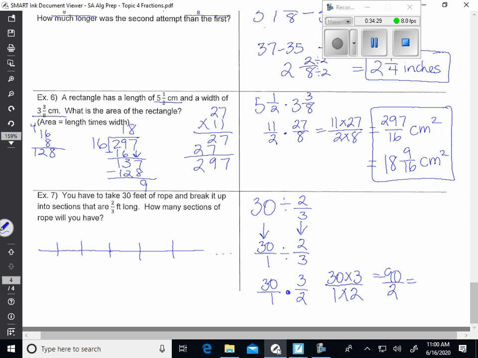And 90 divided by 2, just in case you need to see it. 2 goes into 9 4 times. And then 2 goes into 10 5 times. So that's 45 sections of rope that you will have. 45 sections of rope.